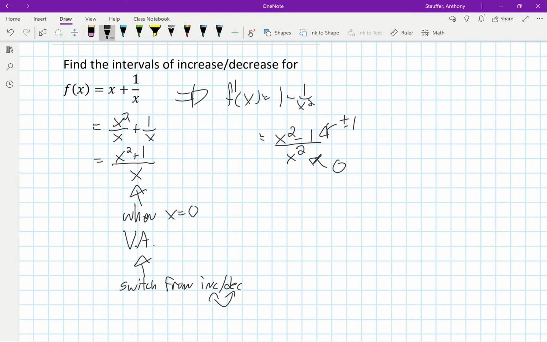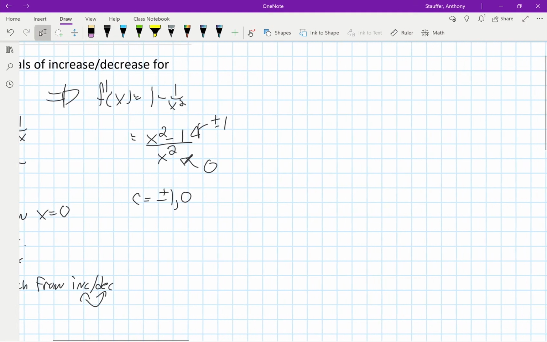Because as I just said, we can switch at that vertical asymptote of 0. So the points that I'm going to be looking at to make my intervals, or my critical numbers, are plus or minus 1, and 0. Now, again, I get that the point 0 does not exist on the graph, but we're still going to list it as a critical number to create our intervals.